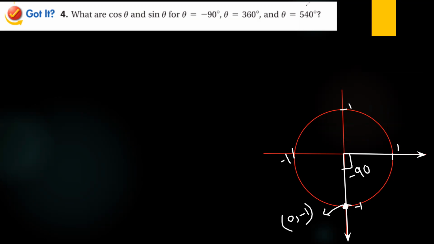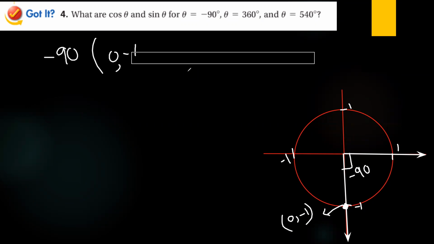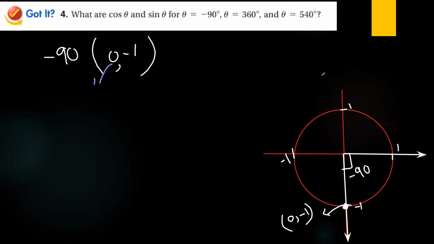This is the point where the angle negative 90 intersects the circumference of the circle, at 0, negative 1. So the coordinate of the angle negative 90 is 0, negative 1. That means this is the cosine and this is the sine.